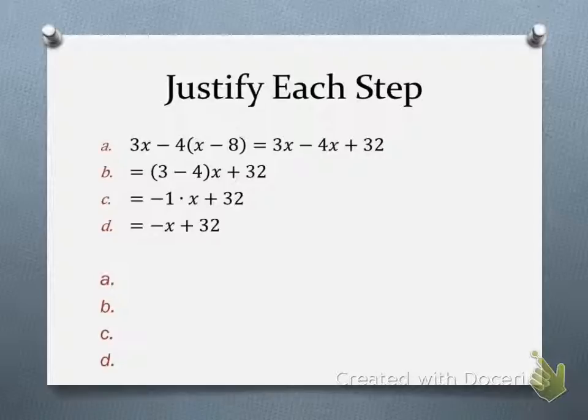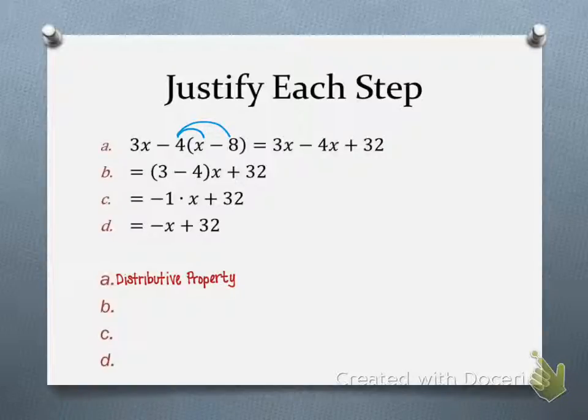So if we start out with 3x minus 4 times the quantity x minus 8 and move to 3x minus 4x plus 32, what has changed here is that we have distributed that negative 4 to the x and to the negative 8. Okay, so for A, that would be the distributive property.